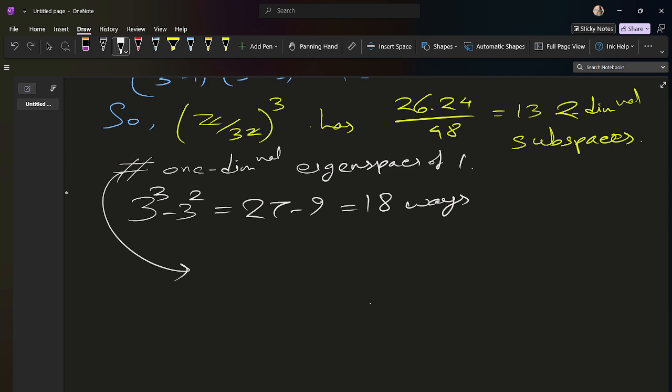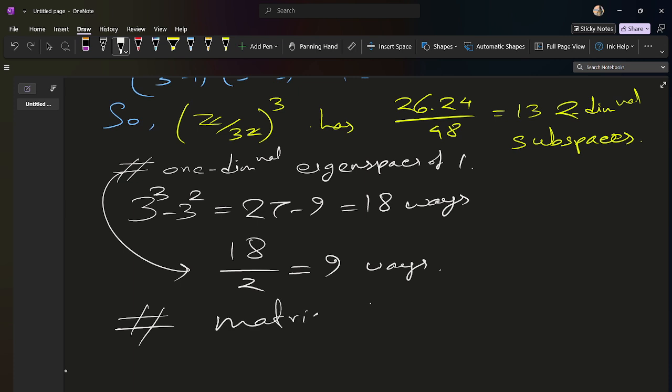So this will be 18 by 2, equal to 9 ways. Therefore the number of matrices equals 13 into 9, so 117 matrices. This is the correct answer to the question.